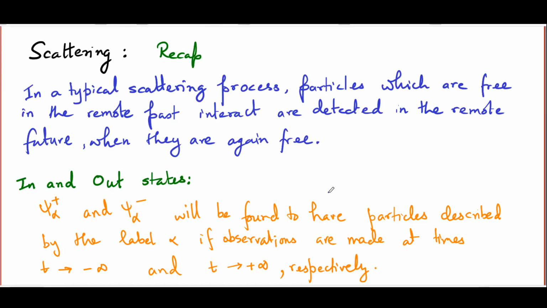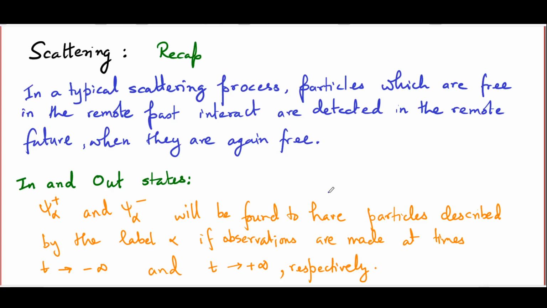Using this notion of in and out states, we can say that if we prepare a bunch of particles with labels denoted by alpha in the remote past, and after they interact, detect them in the remote future to have particle labels beta, then what we are really doing is trying to detect whether a system which is in the state psi alpha plus can be observed in the state psi beta minus.